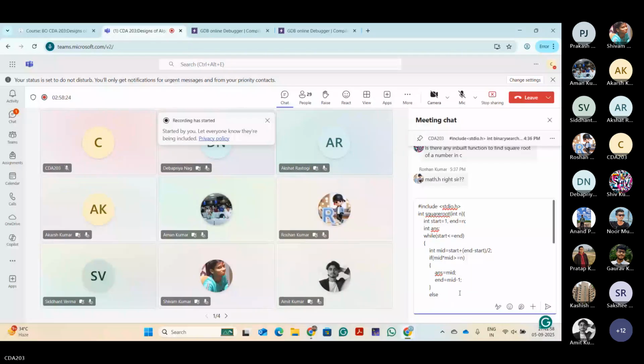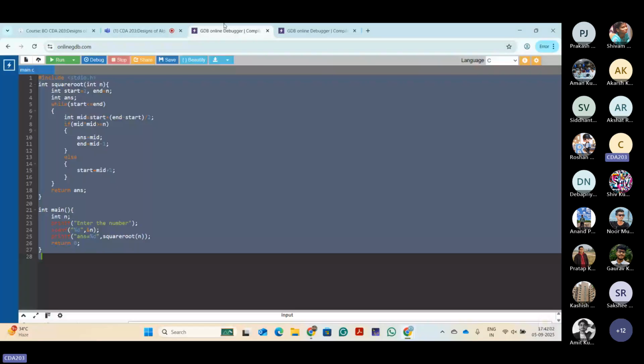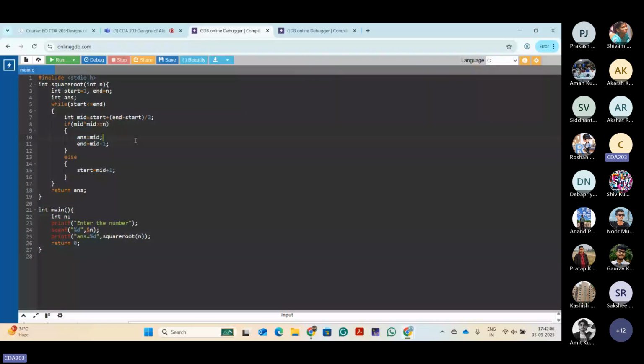Now for the inbuilt function. This is another feature. There are some inbuilt functions, and these inbuilt functions are accessible through this header file called math.h.